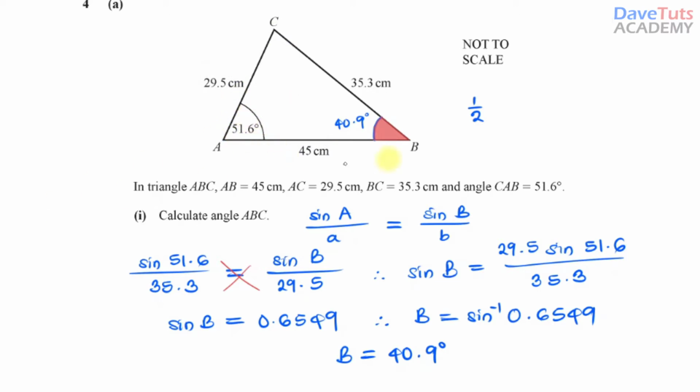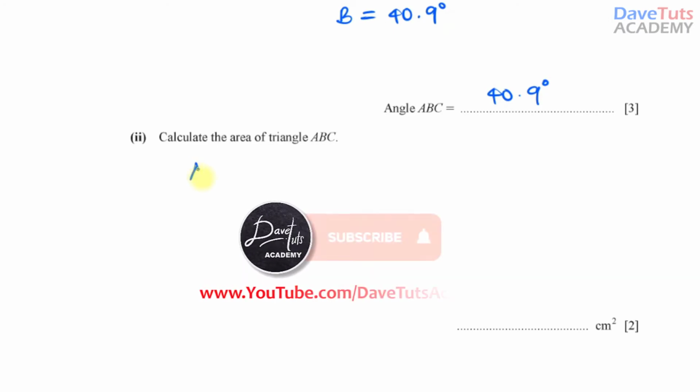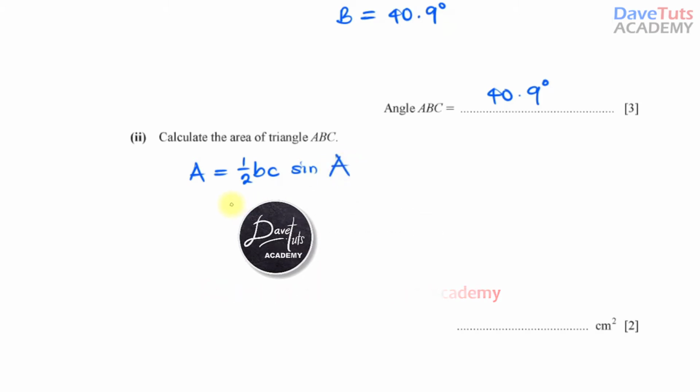So the formula I want to use is half BC sine A as the area of this triangle, and B is 29.5, C is 45, A is 51.6. I think that would be good for us. Okay, so I can say the area of this triangle is equal to half BC sine A, and let me just call it area.